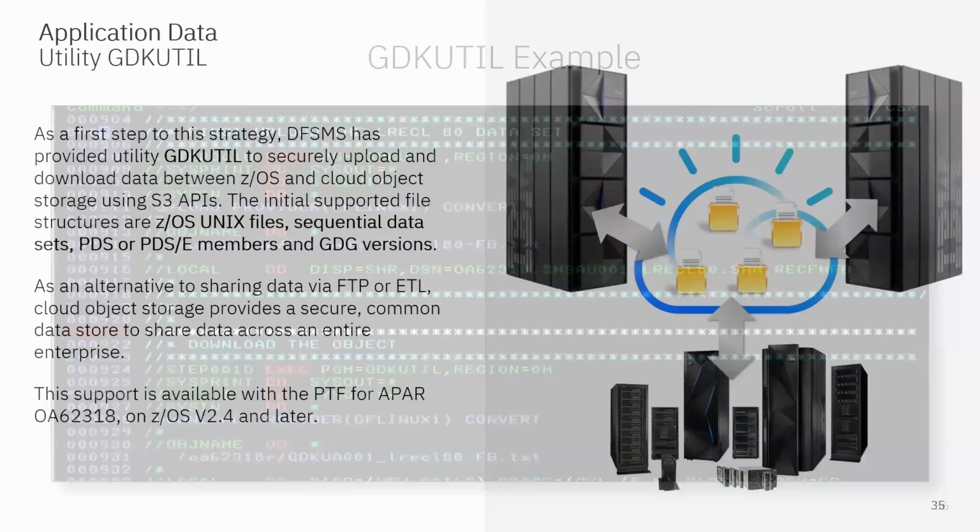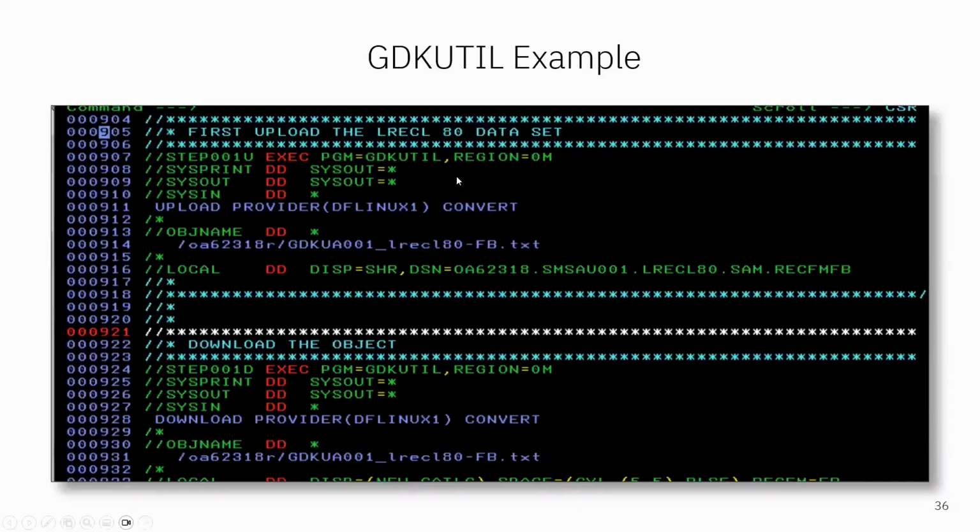Here's just an example of what the JCL looks like for GDK-util, where this is saying, upload and convert. One of the functions it provides is the translation from EBCDIC to UTF-8. So it's saying upload this text file into this particular object, and then vice versa.